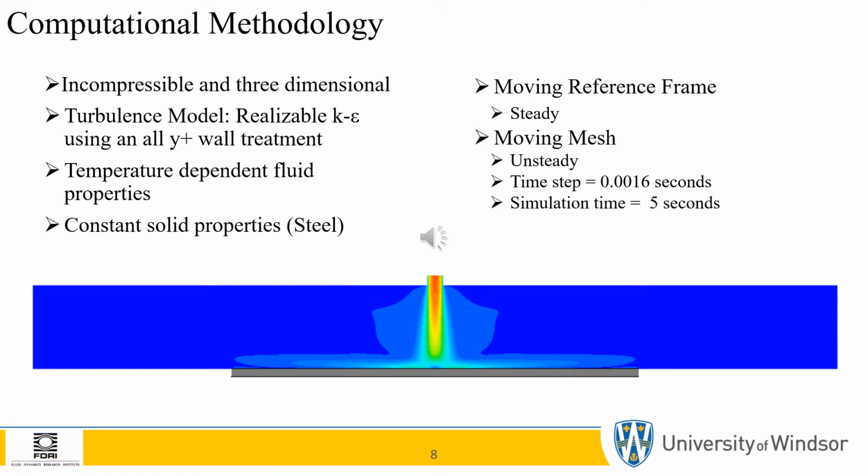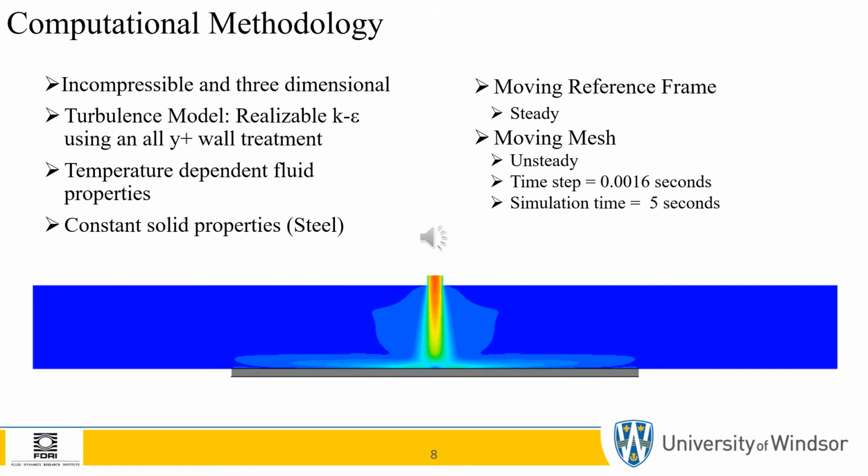The computational model is considered as incompressible, three-dimensional, and to model the turbulent nature of the flow, the realizable k-epsilon model is used. And all y-plus wall treatment is also implemented here. Moreover, the fluid properties were considered temperature dependent. The disk being cooled was considered as steel, also with constant properties.